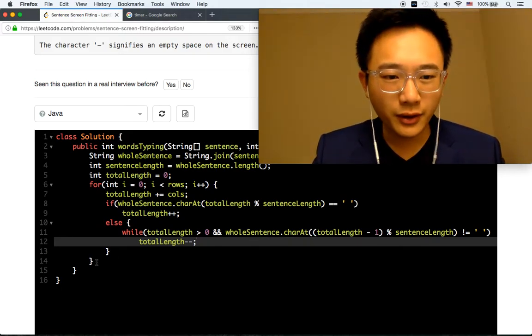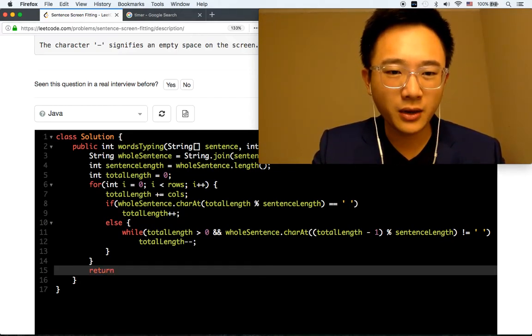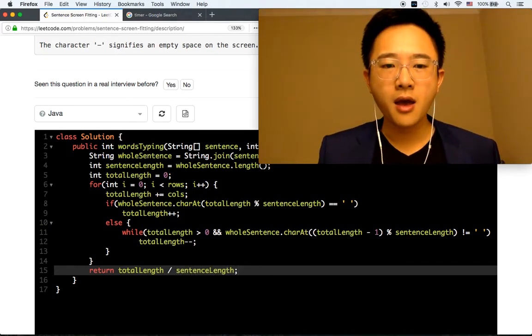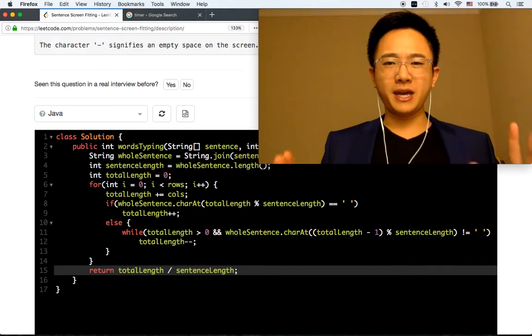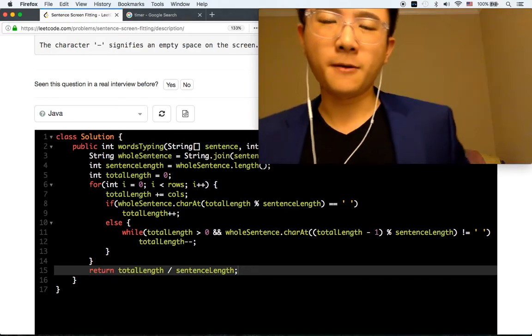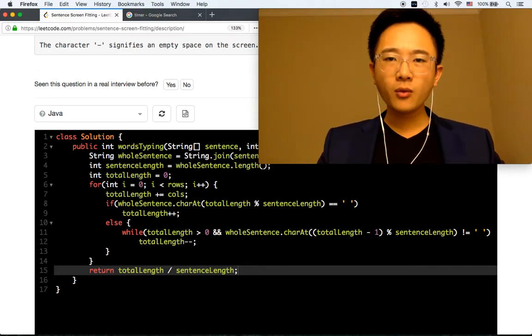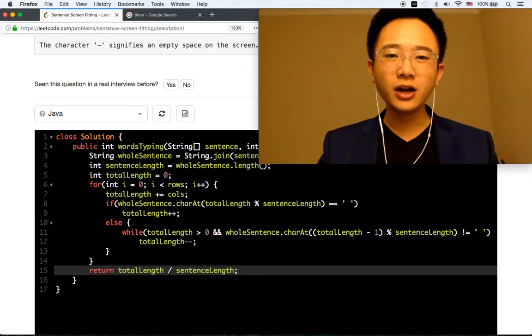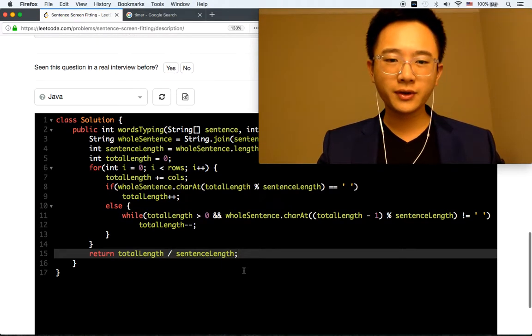So now, what do we do after this? We just simply return total length divided by sentence length, right? Because this is guaranteed to be a whole number, because we only increase the total length by the length of the words, if you know what I mean.